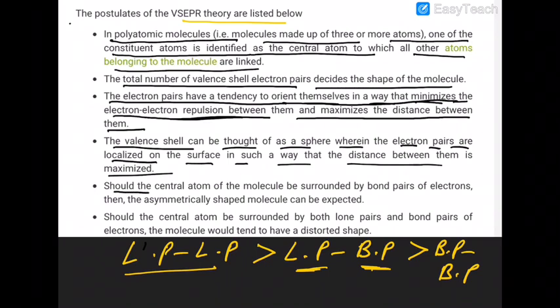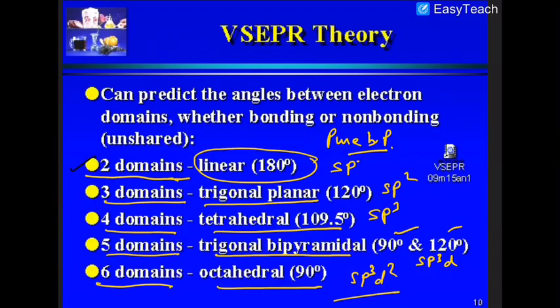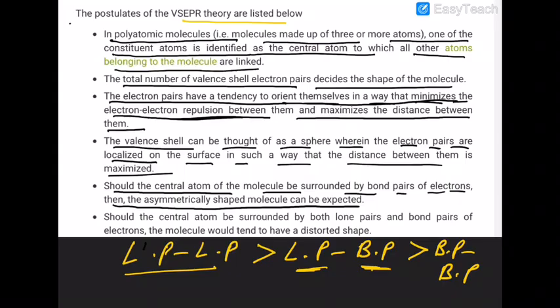If the central atom of the molecule is surrounded by only bond pairs of electrons, then a symmetric shape can be expected. I have just given you an example: look at that one, if this is the perfect geometry, linear, three bond pairs, no lone pair is present in that case, 3, 4, 5, 6. I have given you just an idea. Just repeat that idea in your mind once more.